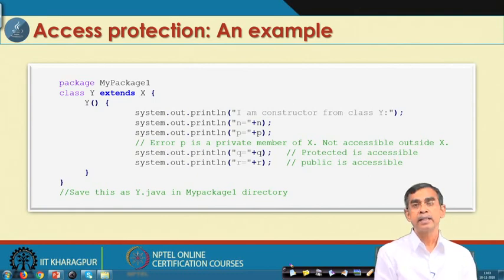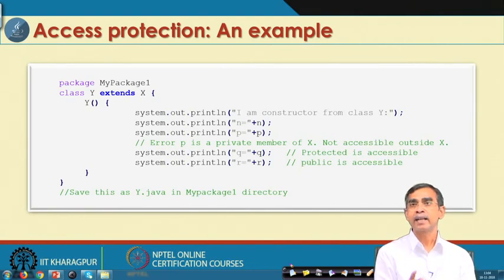So, this is the derived class, the subclass. This means that all public members will be accessible and all protected members will be accessible, but any private member will not be accessible. This is the concept, right.